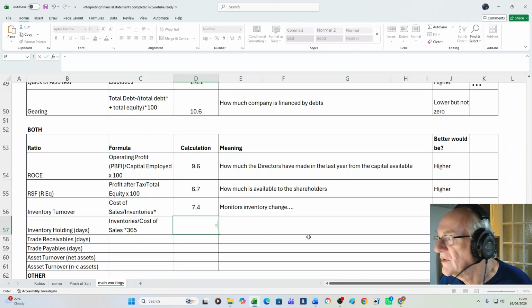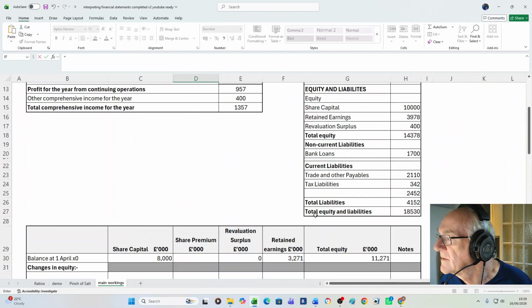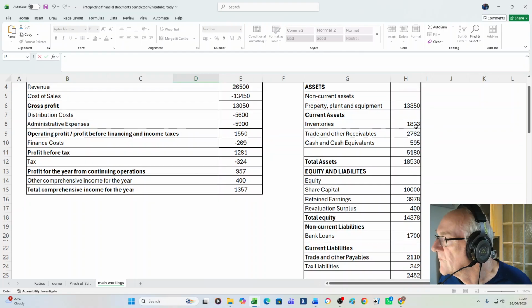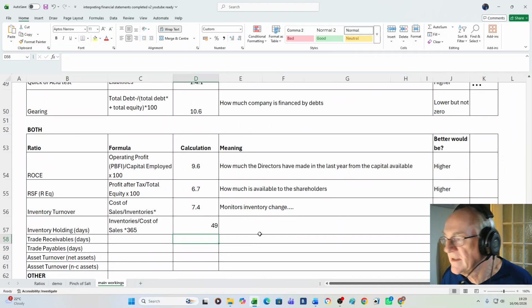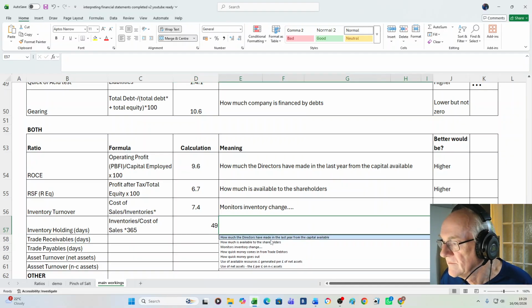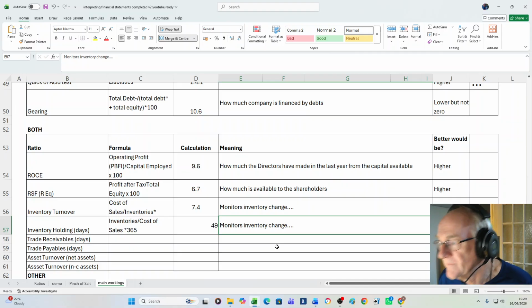So the inventory was, go back to where it was, and there is the cost of sales. So that means inventory on average is sitting on the shelf for 49 days.